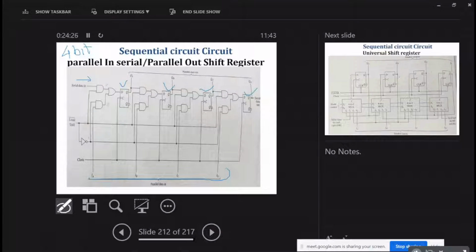So 4 input terminals of those flip flops are connected with the individual bits of the bit pattern.